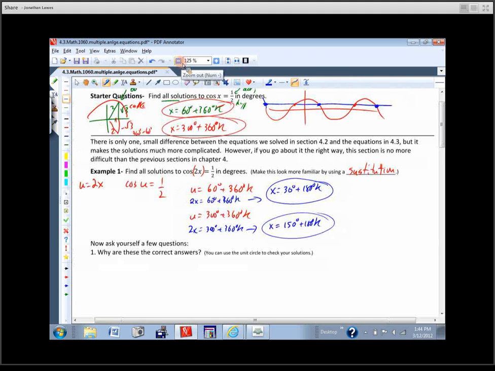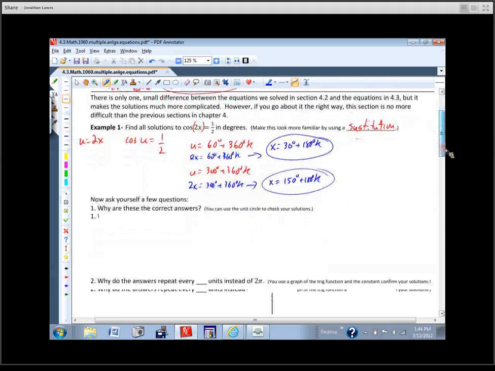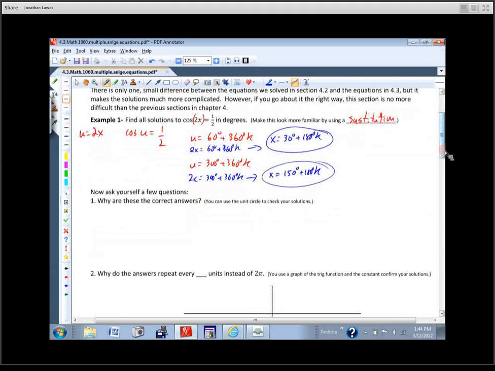All right then, I've got a few questions for you. Why are those the correct answers? One of the answers is 30 degrees, right? Does everybody agree that one answer that would work in that equation is 30 degrees? Plug it in.